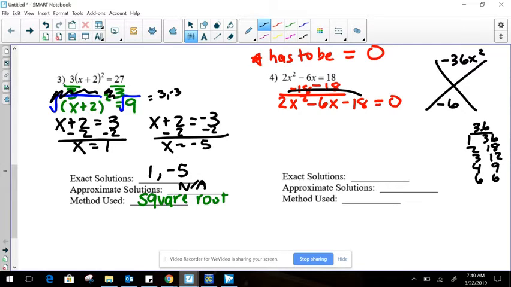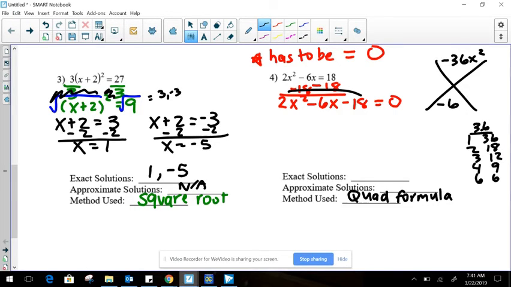Which pair of numbers can add up to negative 6? None of them, right? I can't make any of them equal to negative 6. So this means that I cannot factor it. I'm going to have to use the quadratic formula.